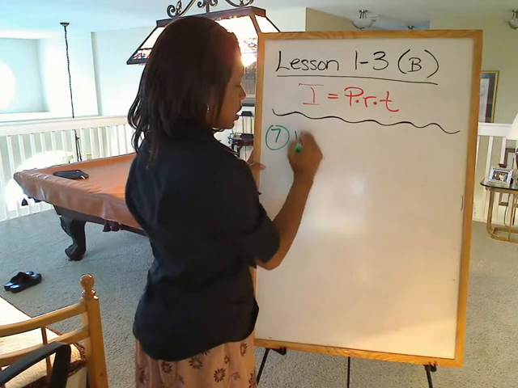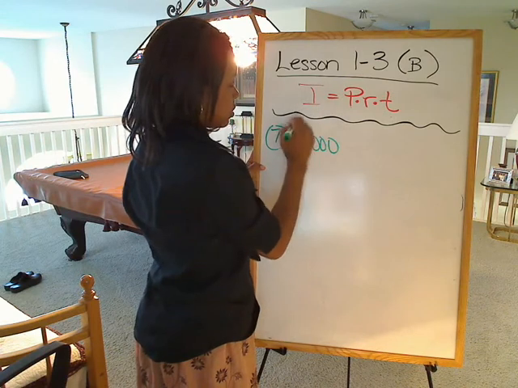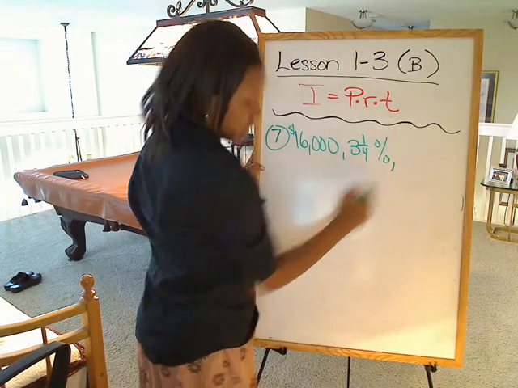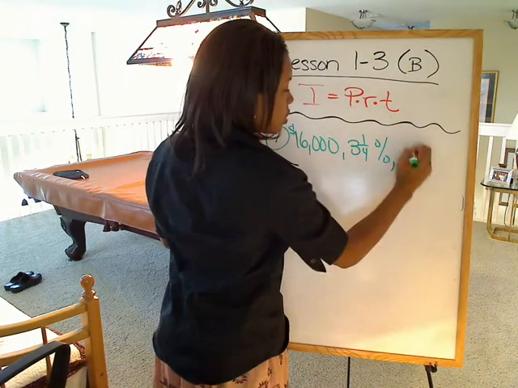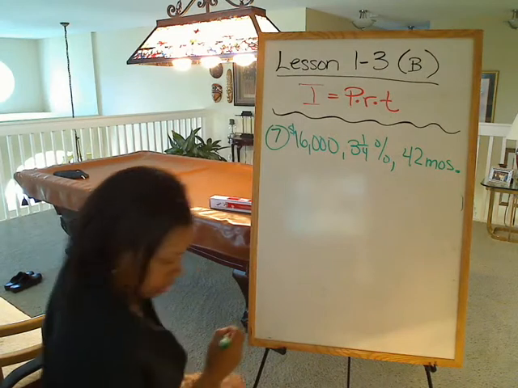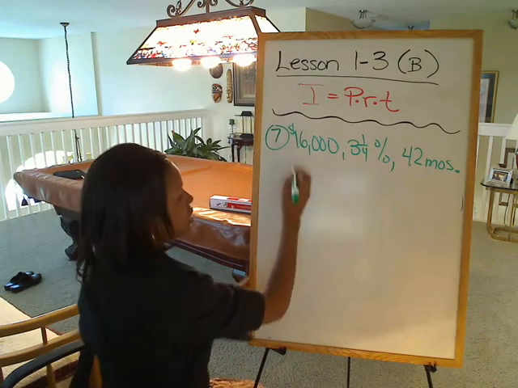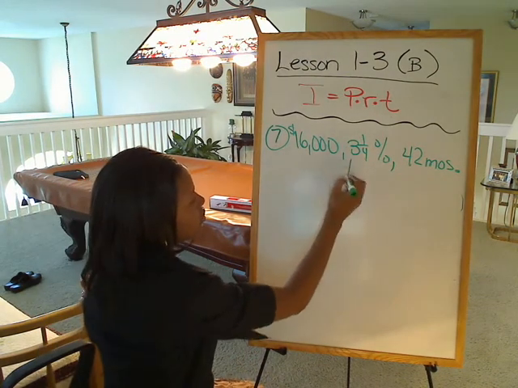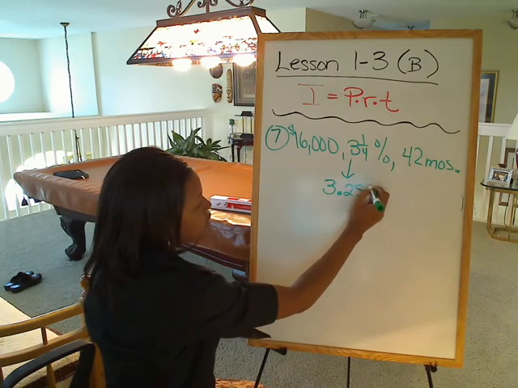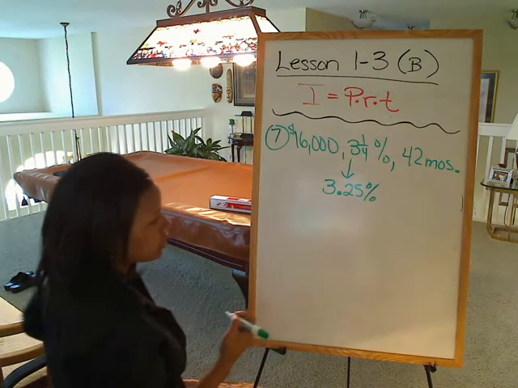So $16,000, 3.25%, and 42 months. Okay, so let's fix these up a little bit. The 16,000 is fine. 3 1/4 is 3.25, right? A quarter is 25 cents. That's a good way to remember it.